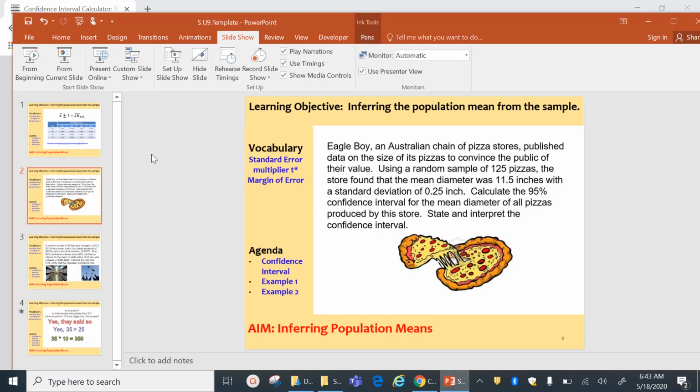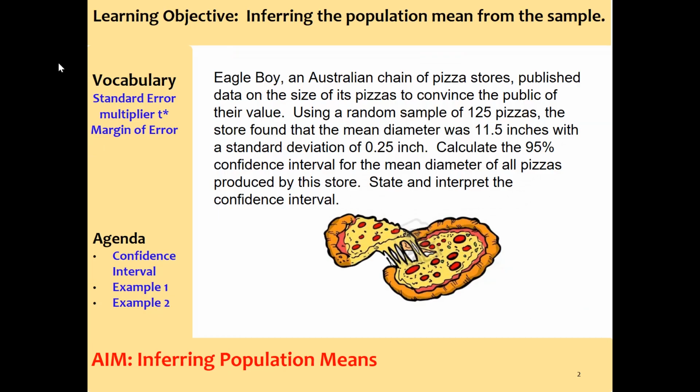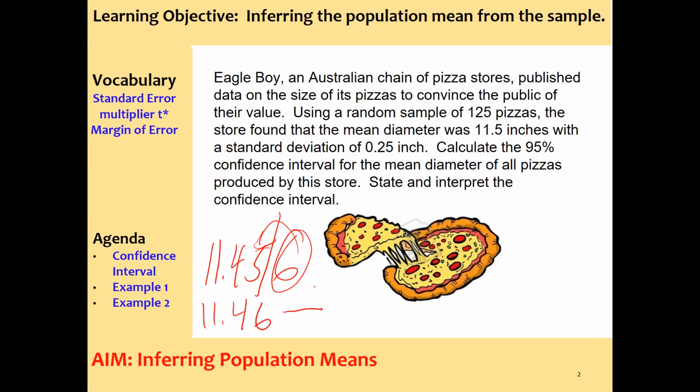So going back to the PowerPoint. 11.456. Remember, we round to the nearest hundredth. So I look at the 6, it's greater than 5, so it becomes 11.46. And then 11.544 uses the same rounding principle, but I'm not going to show it.